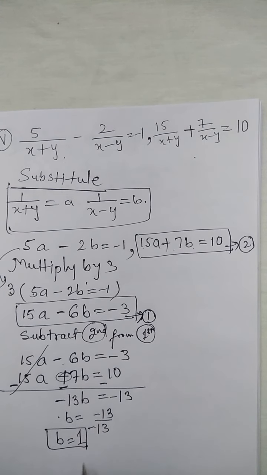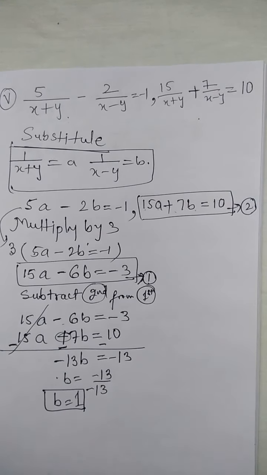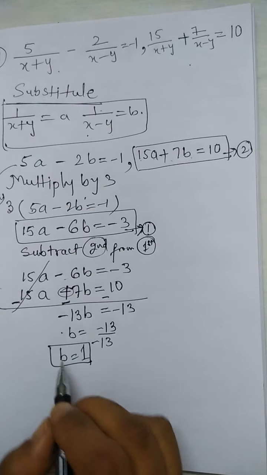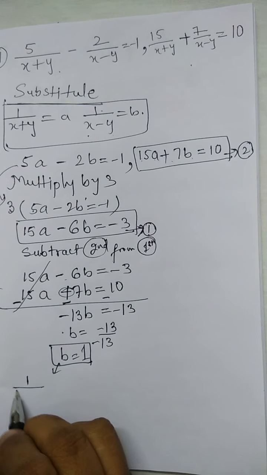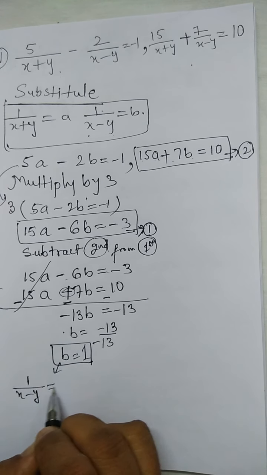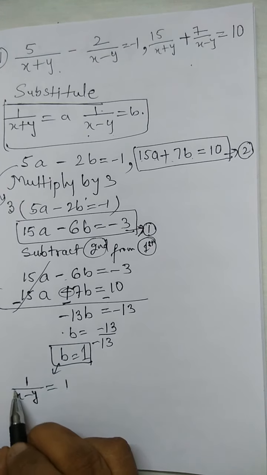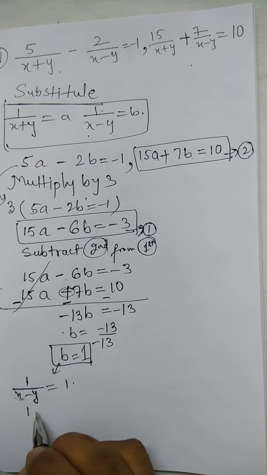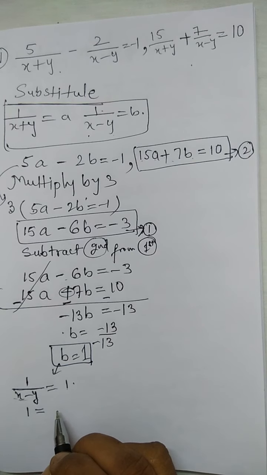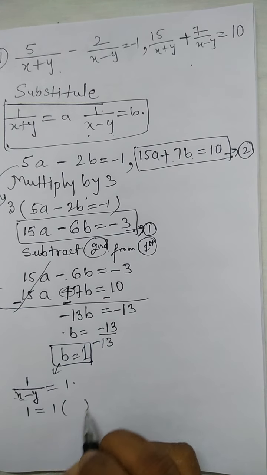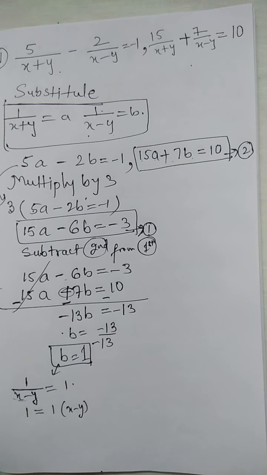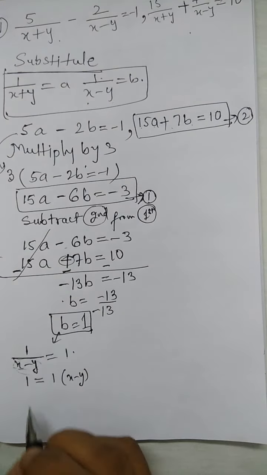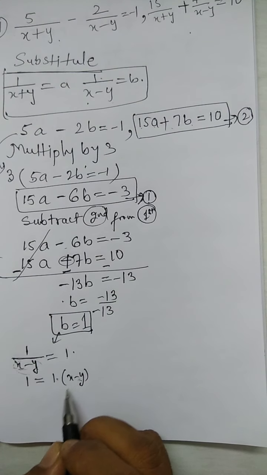But what is the value of b from this substitution? 1 by x minus y. So b you write as 1 by x minus y equals 1. So this x minus y is in division; it will become multiplication here. So 1 into x minus y, and 1 into anything gives the same.